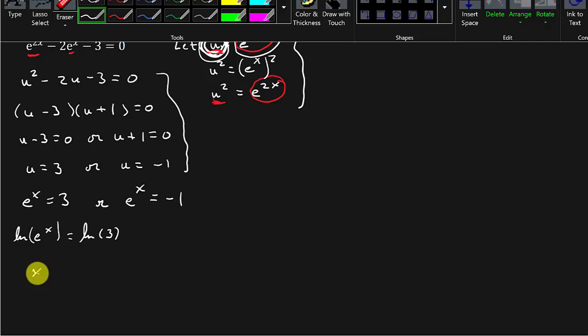So where did that come from? Well, remember, there is a property that says the log of b to the x with base b is equal to x. So when this base and this base are the same, your answer is just your exponent. So let's look at this. Natural log e to the x.